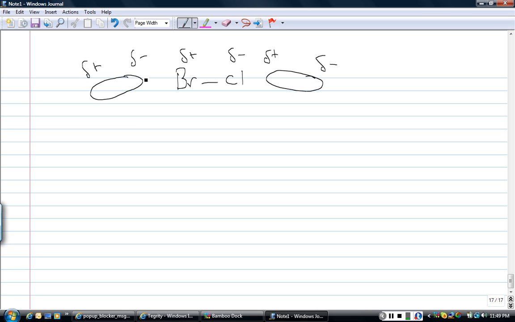So what will happen? The delta minus will attract the delta plus, which means the delta plus starts sucking the electrons this way, and that in turn starts sucking them that way. The delta minus will then repel the electrons.